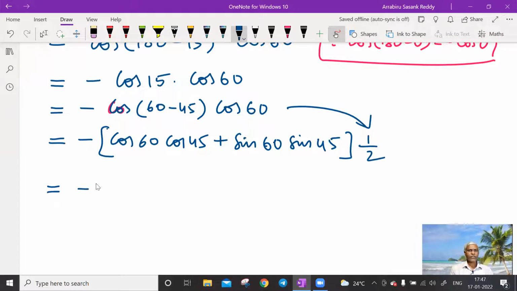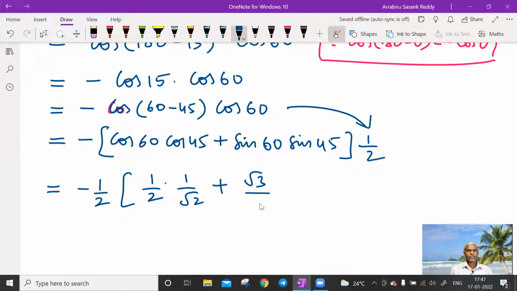I am writing 1 by 2 at the beginning. Substituting cos 60 is 1 by 2, cos 45 is 1 by root 2, sin 60 is root 3 by 2, sin 45 is 1 by root 2.